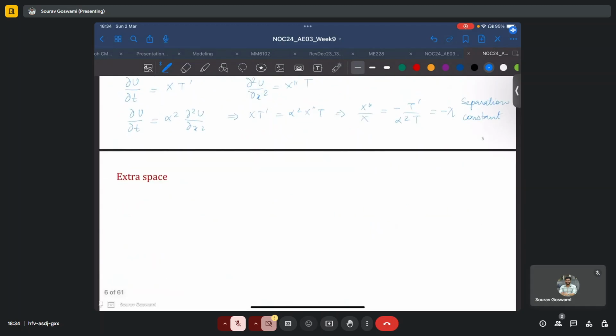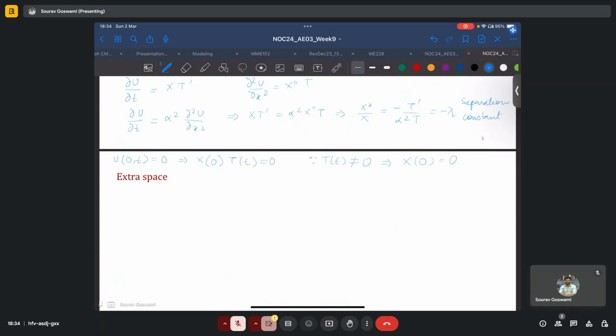Now, if we apply the boundary conditions that we framed, then u at (0, t) is 0 implies that X at 0 times T at t is 0, and since T at all times t cannot be equal to 0 for a non-trivial solution, X at 0 must be equal to 0.